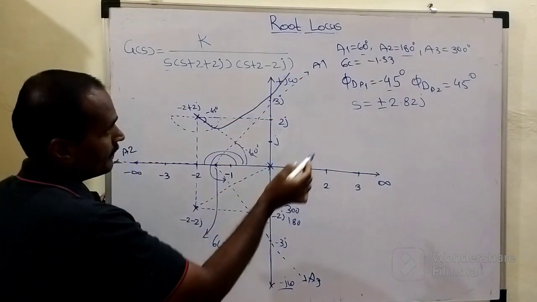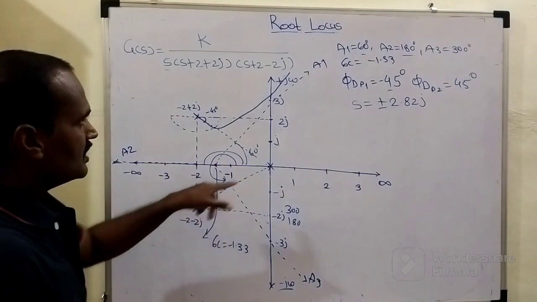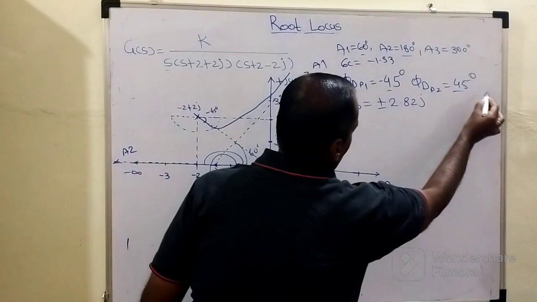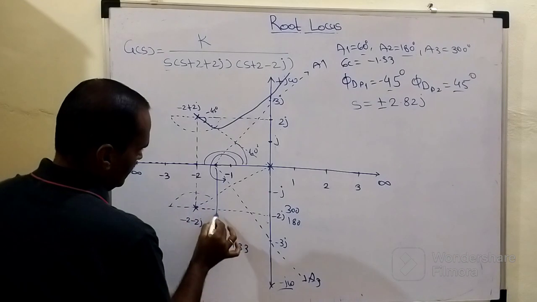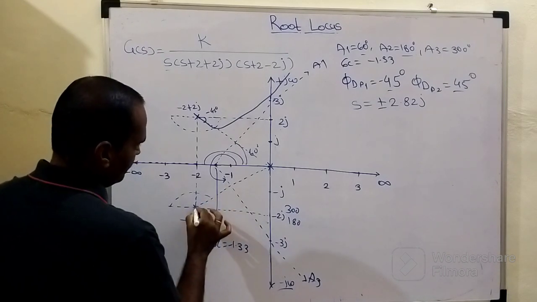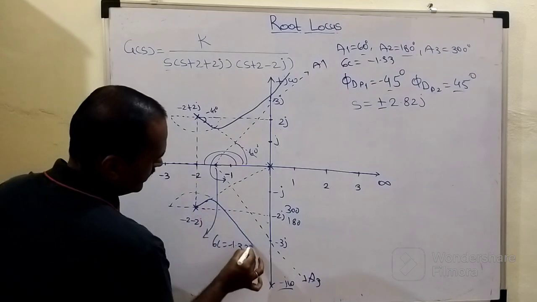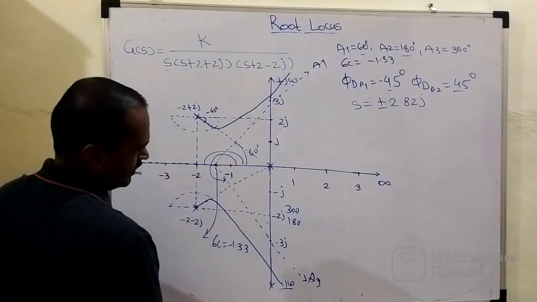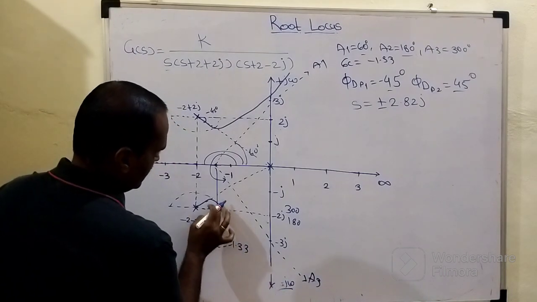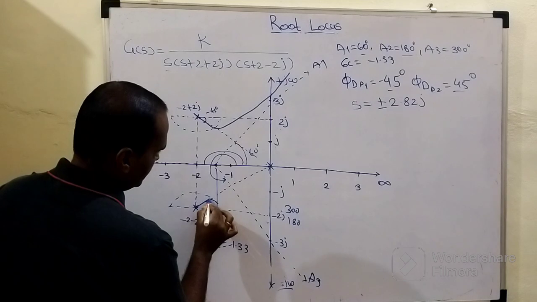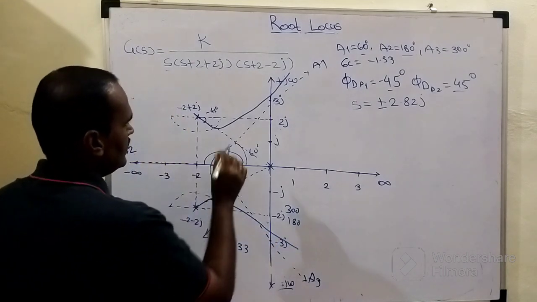right? And similarly for that pole which is present within the third quadrant, the angle of departure is how much? The angle of departure is 45 degrees. So what we need to do? We need to put this protractor like this. So obviously this will be the plus 45 degree like this, and it will try to intersect this imaginary axis on 2.8 something like this, right?